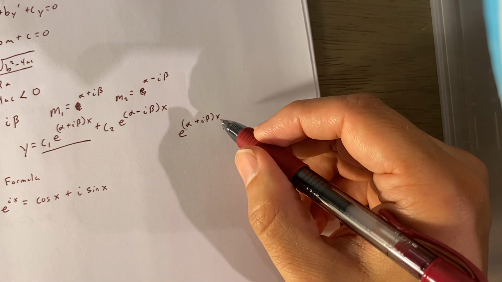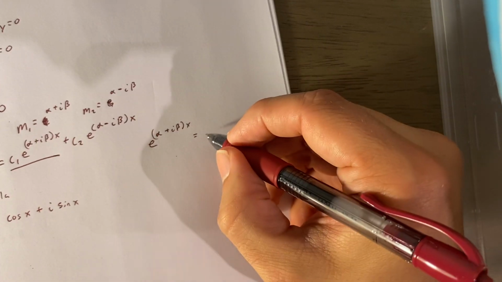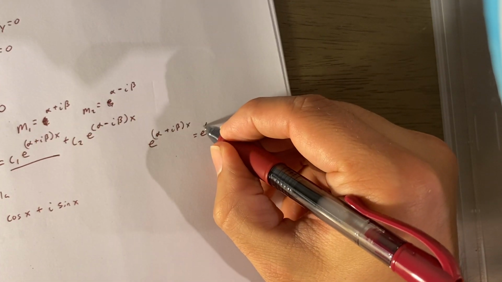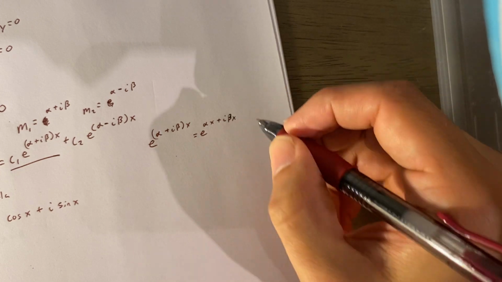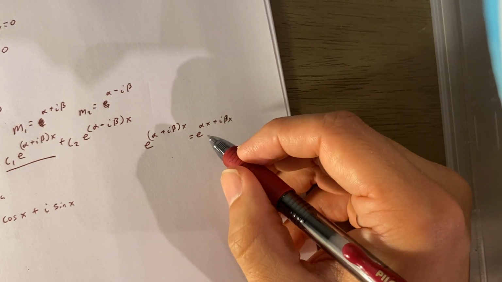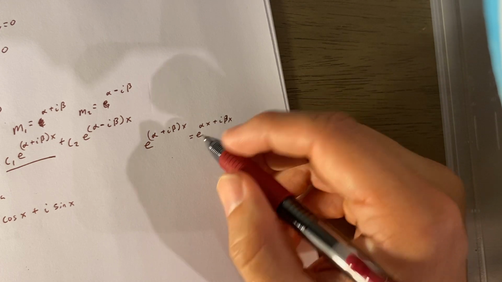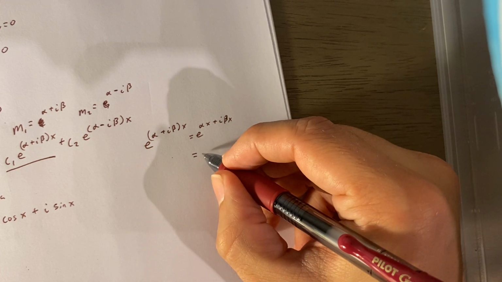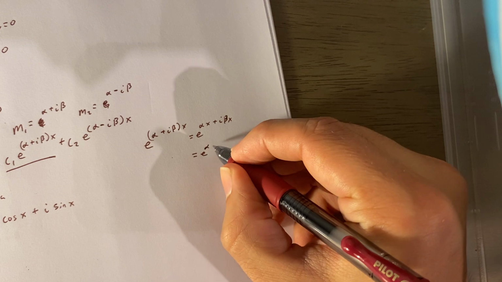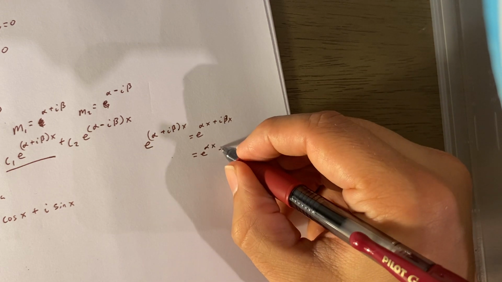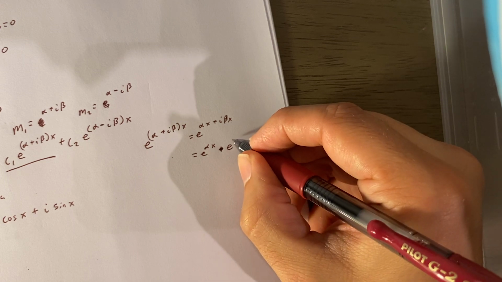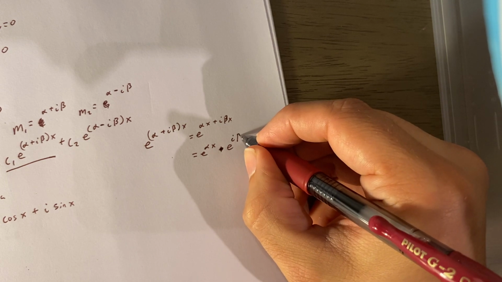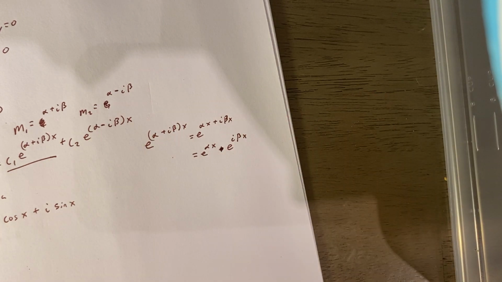I'm going to distribute my x, so I'm going to have e to the alpha x plus i beta x. And then with addition in an exponent, it's really just e to the alpha x times e to the i beta x.